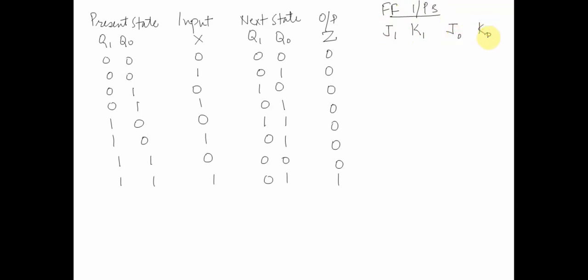Correct? We already saw the excitation table, the characteristic table, where we say Q(t+1) for JK is equal to J Q bar plus K bar Q, and we drew this characteristic table using this, where we said when both are 0, the operation is no change, because J is 0, this term will go off, and Q(t+1) will remain equal to Q(t).